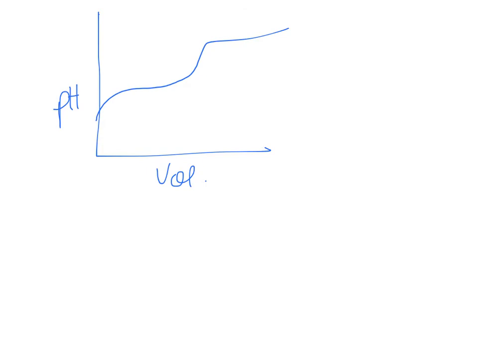So again, if you had to summarize the key points, and I'm not going to draw this to scale, but we have pH against volume. The shape sort of looks like that. This range is the buffer range. The midpoint is going to be the equivalence point.